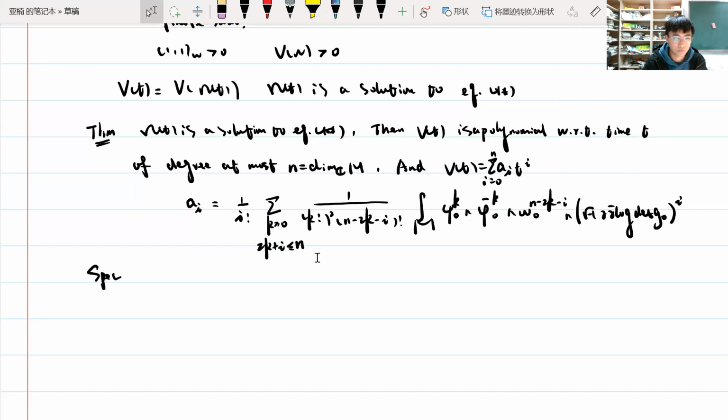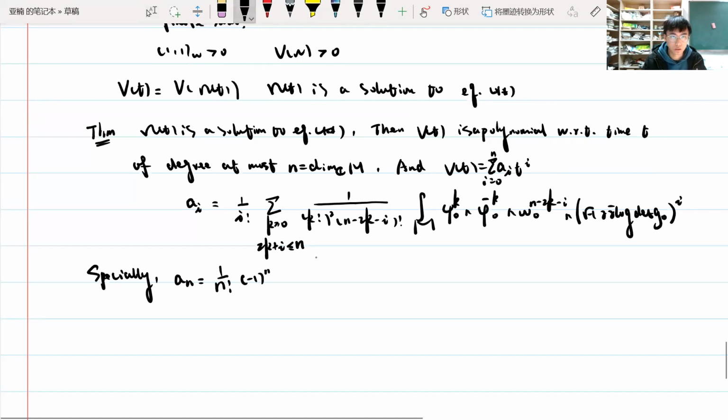Especially, the top coefficient a_n has only one term, that is k equals 0, and all these coefficients are just 1. So there is only the first Chern class to the power n.